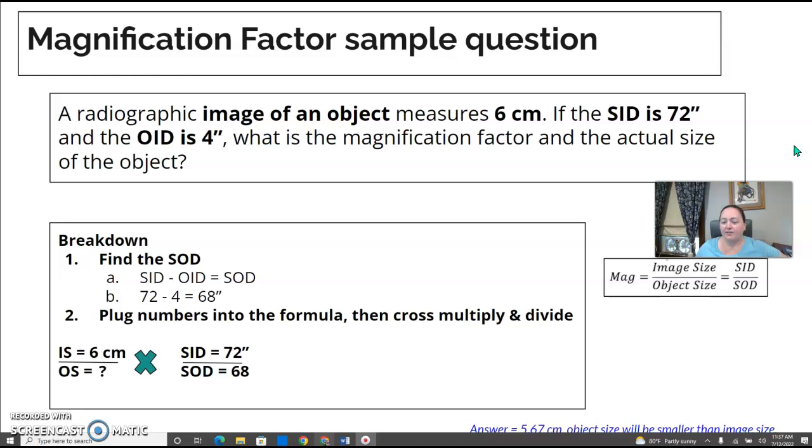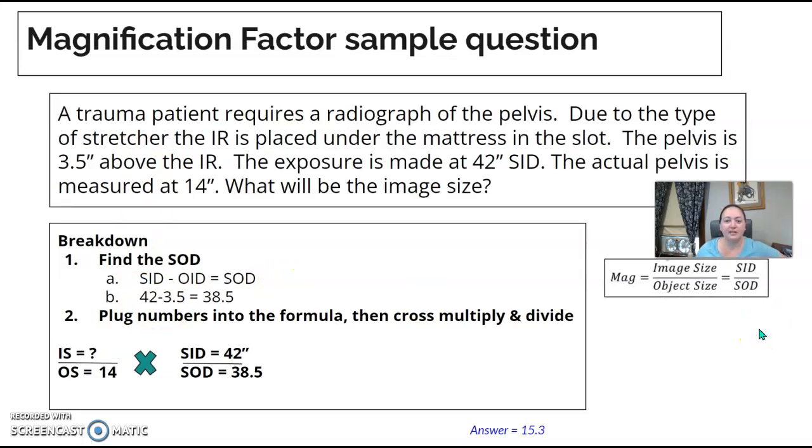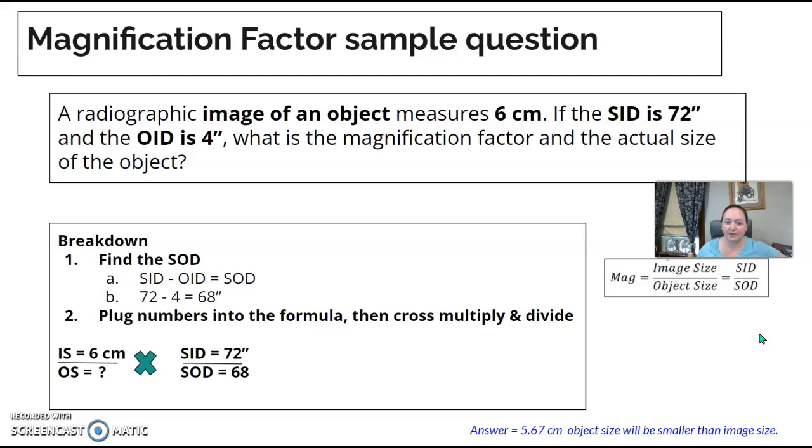If the radiograph gives you the object size, it should give you the SID and OID to figure out your SOD. So you would have to do the calculations to figure that out. Here's just another example. If you would like one, feel free to pause and read it.